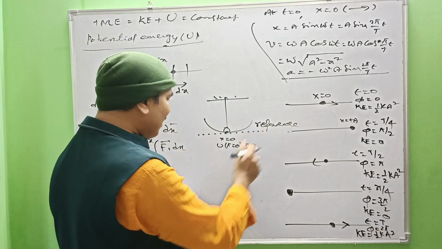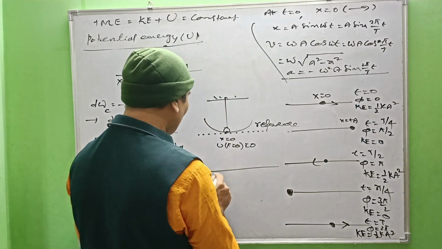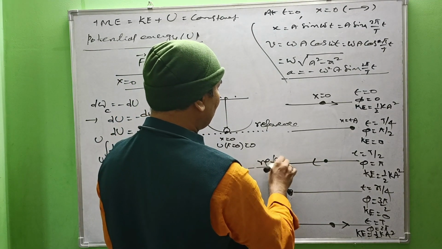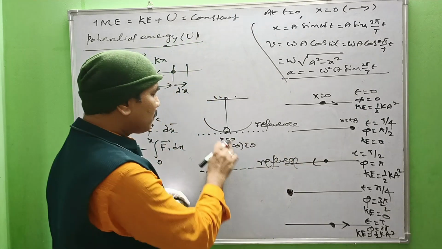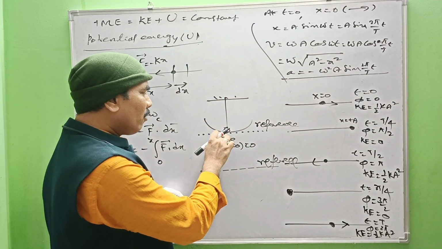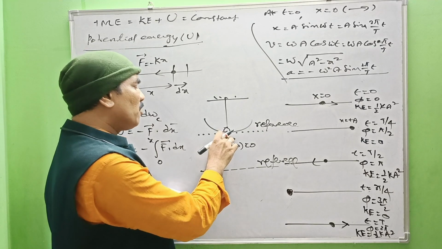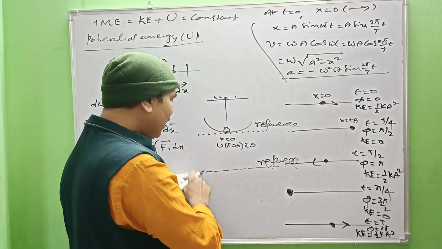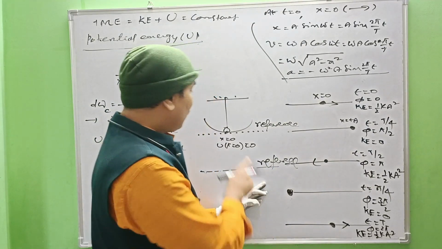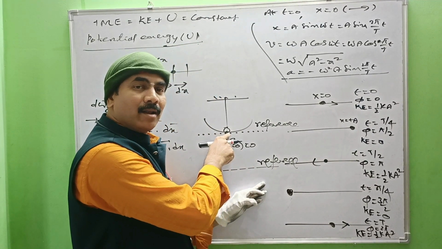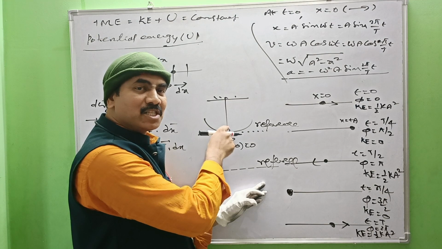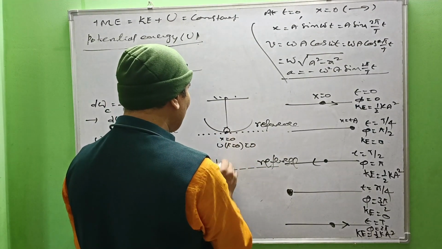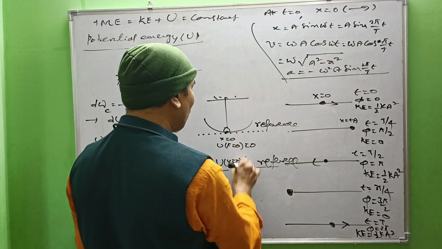Now if the reference level is taken somewhere here, like this, in this case the lowest position of the particle, that is the mean position, is at some height above the reference level. So if you take this line as the reference, for the same oscillator the least potential energy at its mean position may not be 0. That is, U at x equal to 0 is not equal to 0.